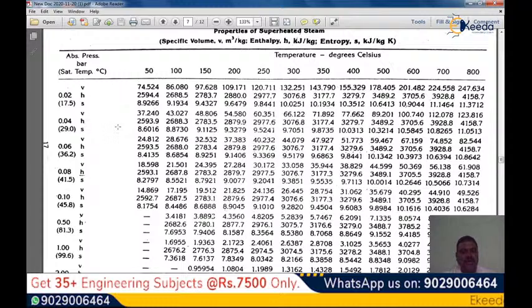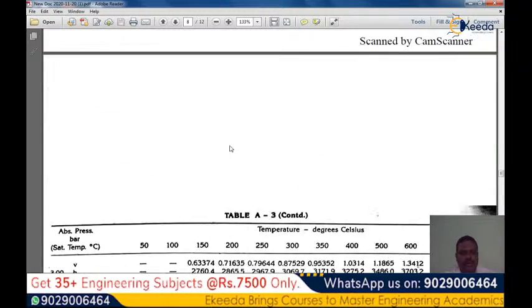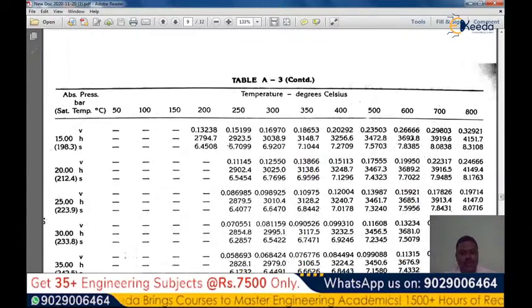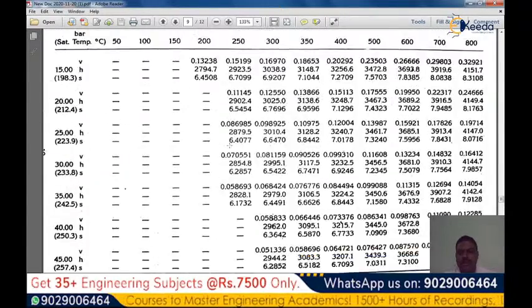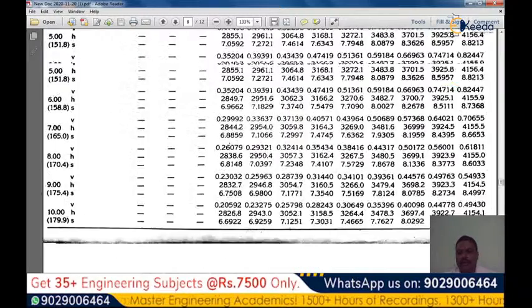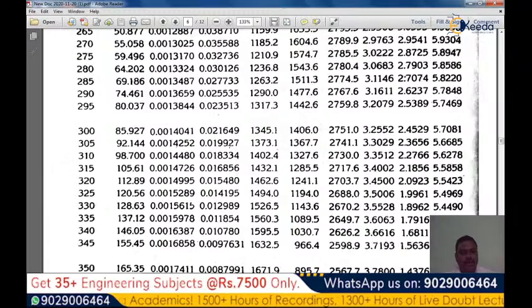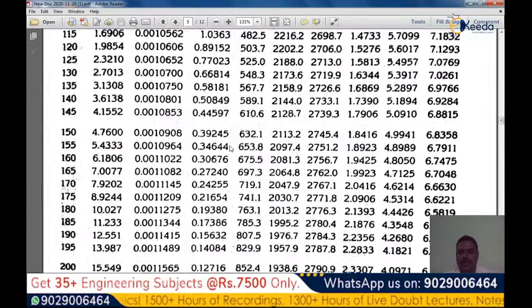That is how we can differentiate saturated steam and superheated steam. This is the table from which we will take data to solve problems. I will take the first problem, and if you have any questions, you may ask.